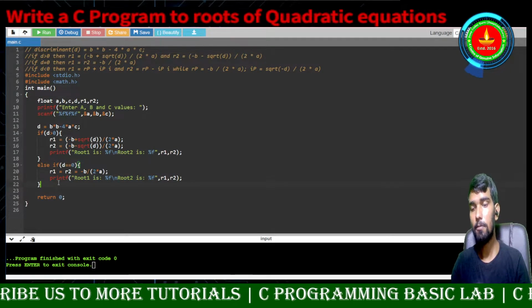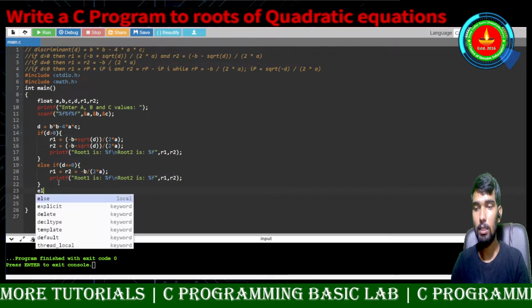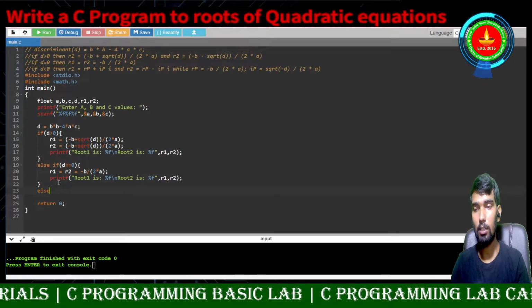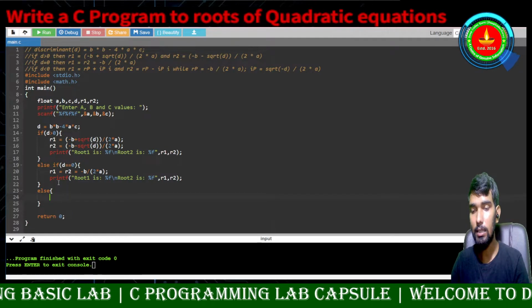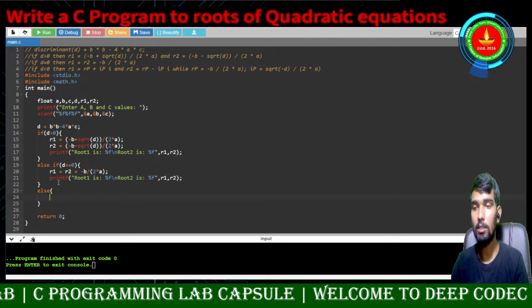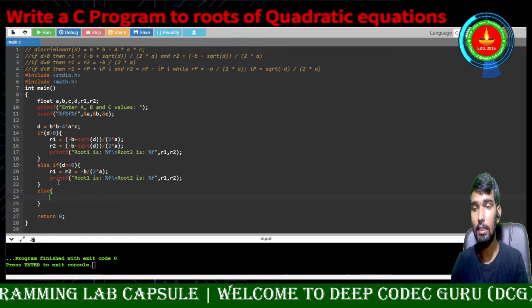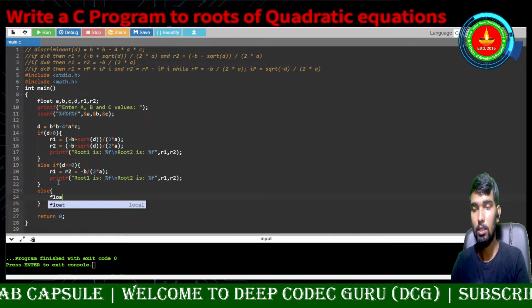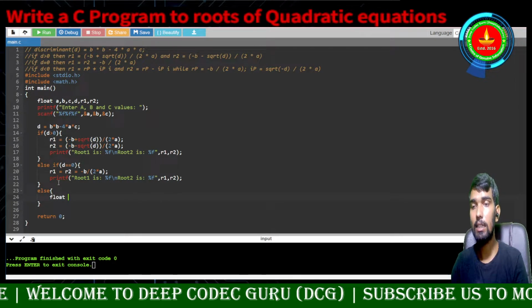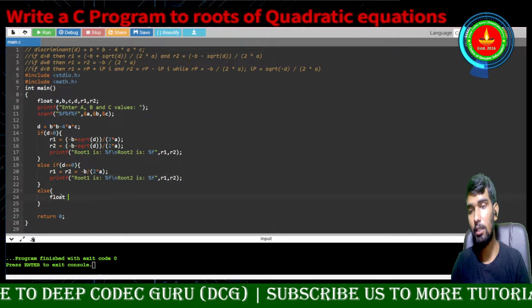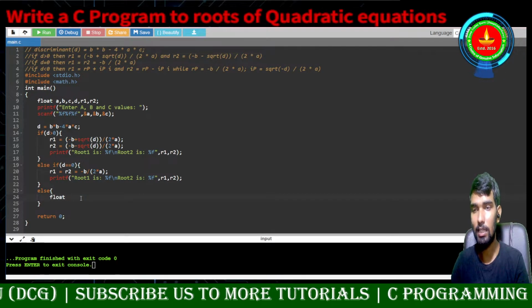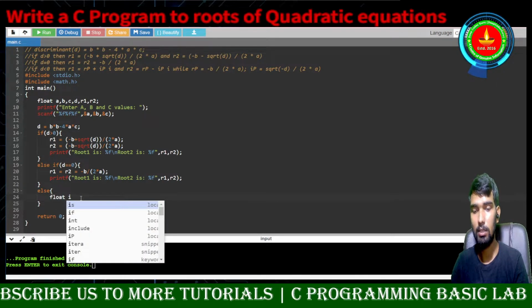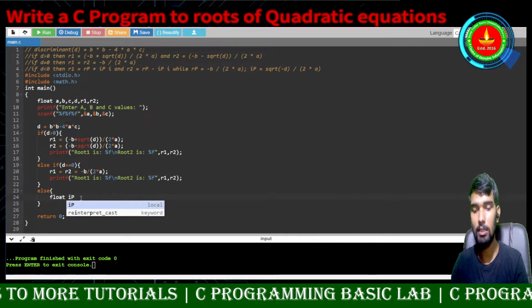Else, if both conditions are not met, then the third condition will be met. So that is else. So in else, how can you do it? We have to first calculate the imaginary part and then the real part. So float, we can declare this on top also, but we are declaring it in this else scope itself, because we can use it here itself, and we want to limit it here also.